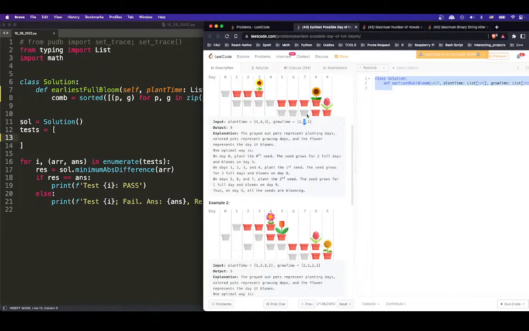4 days to get 3 and then bloom. Then we take 1 day to plant. And then we take 3 days, all right, to get 1 and then bloom.